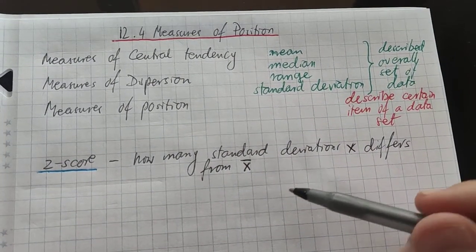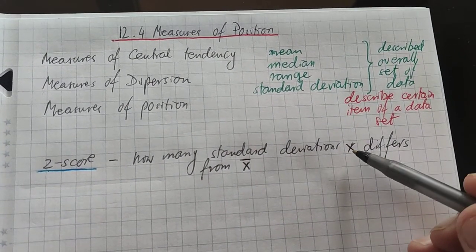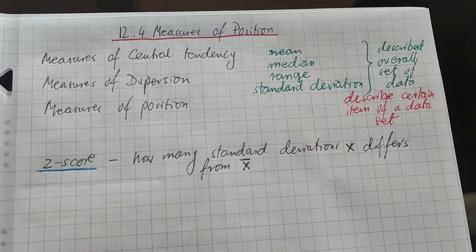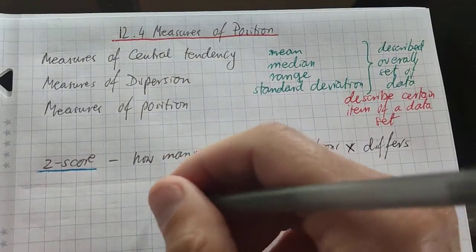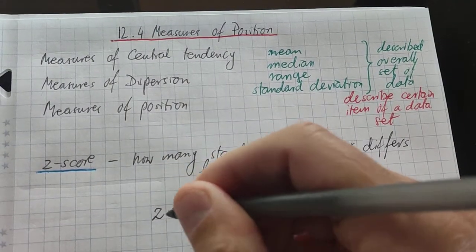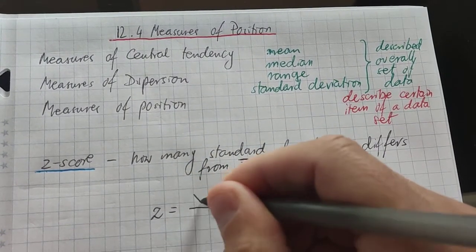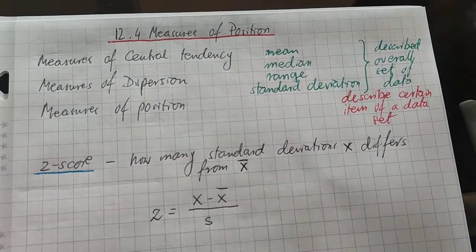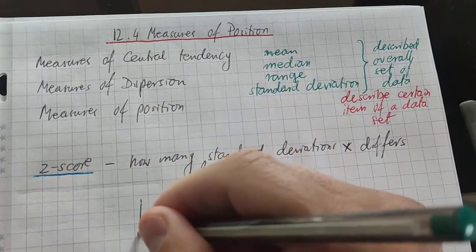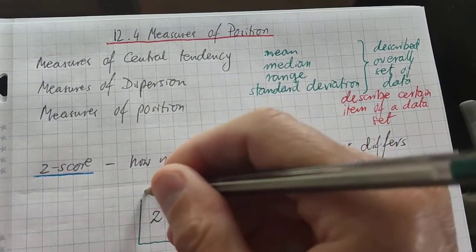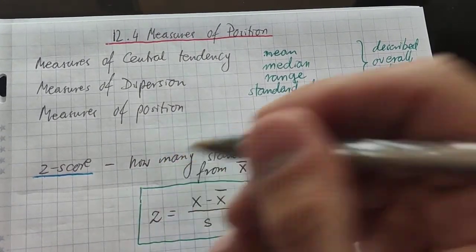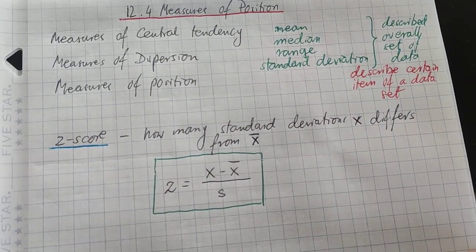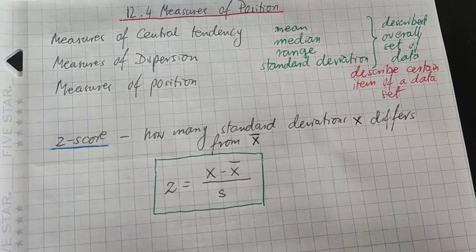We subtract the mean from that x and divide by the standard deviation. So the formula for the z-score is x minus x bar divided by s, where s is the standard deviation, x bar is the mean, and x is the data point, the value taken from the data set.